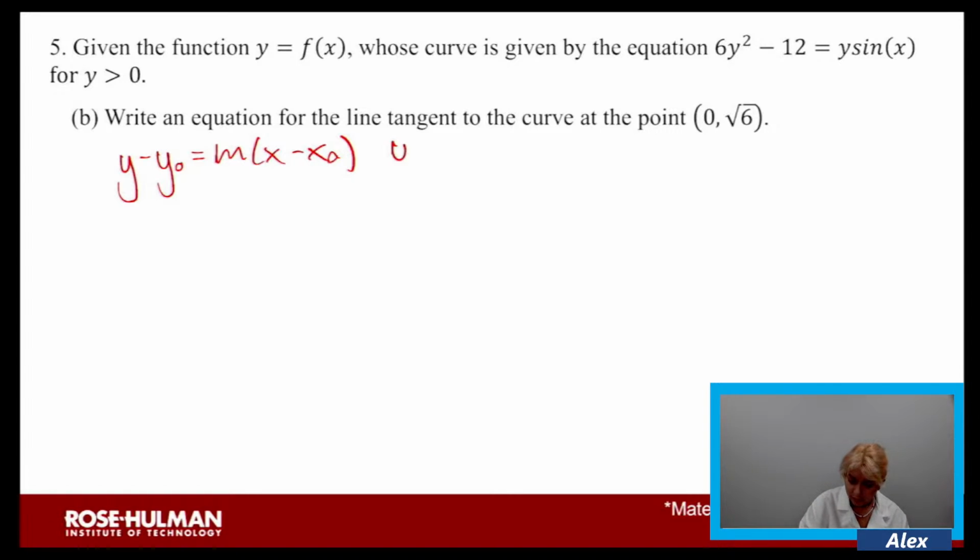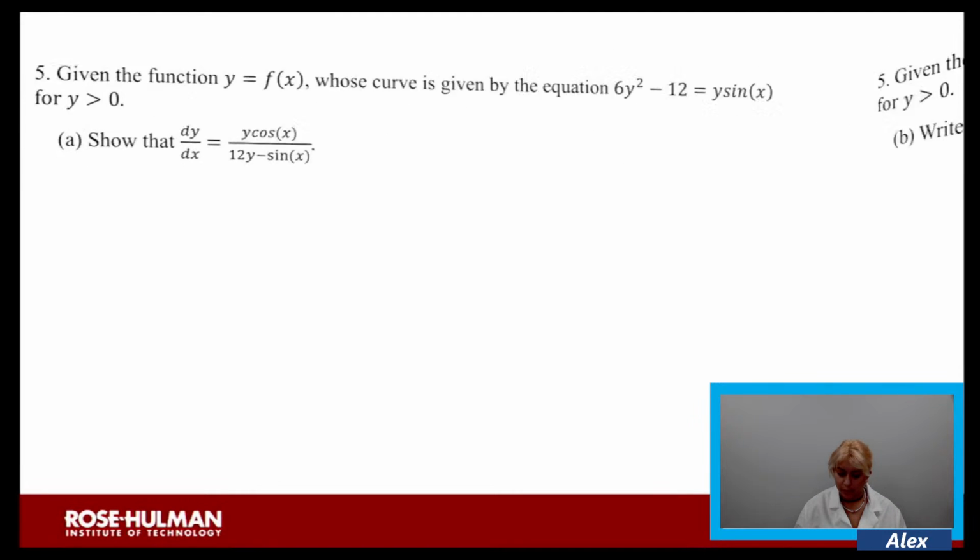So we can already go ahead and write that y minus root 6 is equal to m times x, and we just have to find m. So we have our dy/dx, the slope, as what we found in the previous equation.